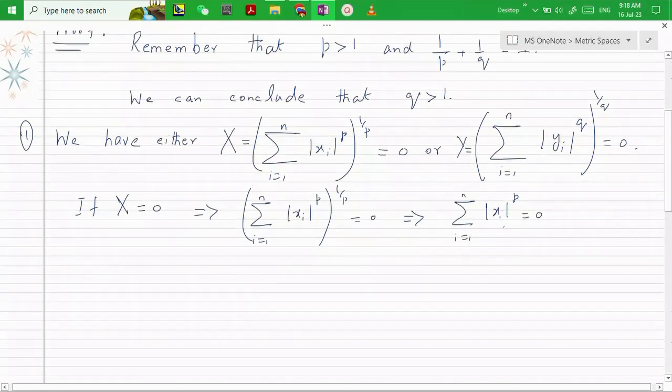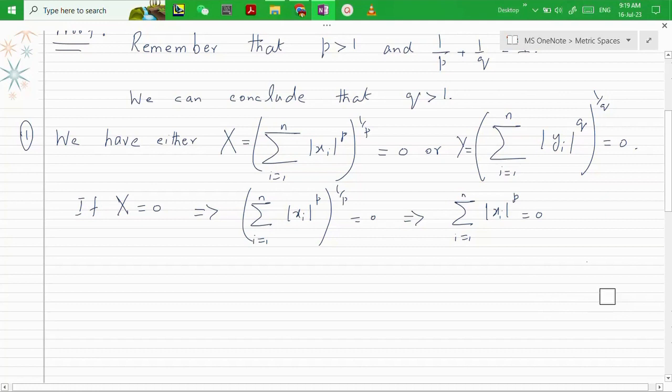This is possible when each mod of xi power p equals 0, which is possible when each xi equals 0.